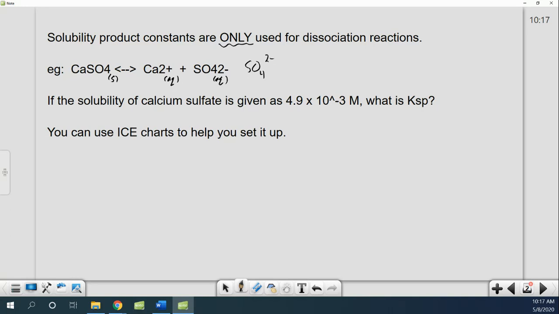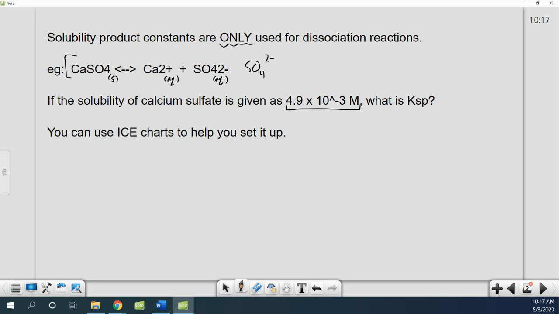So if this is the case, they give you this reaction here. They say, okay, if the solubility of calcium sulfate, you look it up in a solubility table somewhere, says the solubility is 4.9 times 10 to the negative 3 moles per liter, molar. What would your solubility product constant be?